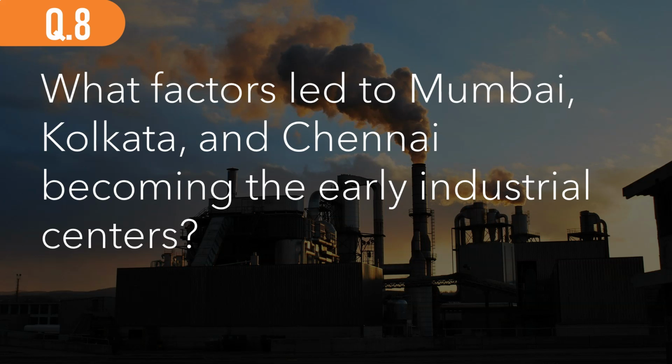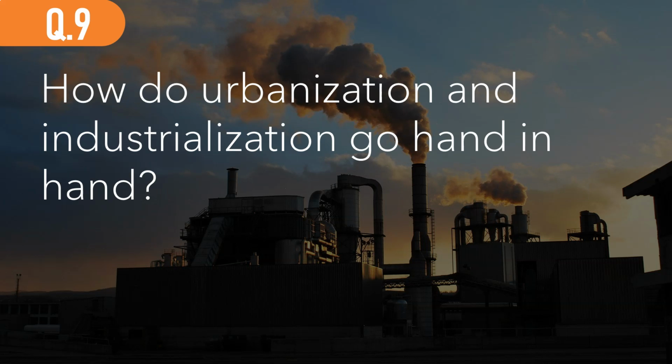So these factors, which are proximity to the coast, raw material, and a dense transport network, especially since the first railway was constructed in Mumbai in 1853. Kolkata and Chennai were port areas. So all of these factors were taken into account, and they became the early industrial hubs or centers of India.